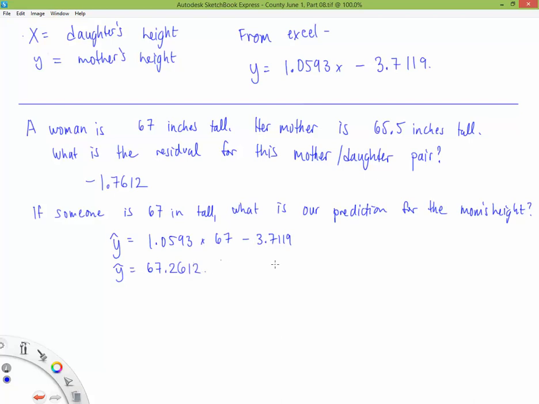So our prediction is 67.2612. If we want to make a statement, we would say we predict the mother's height to be 67.2612 inches for women whose height is 67 inches.